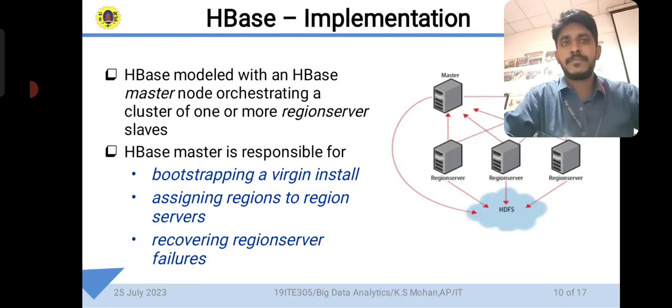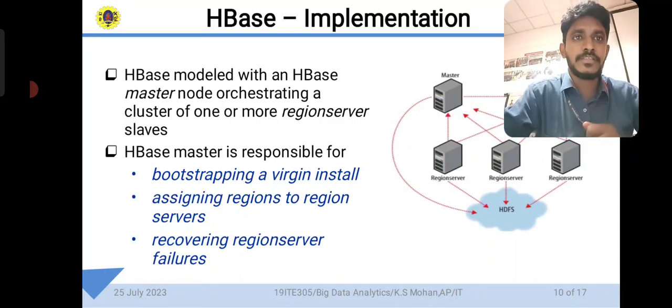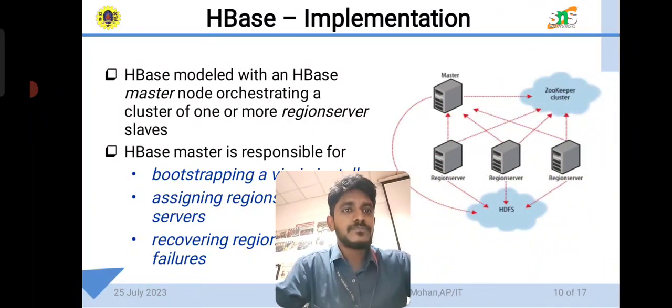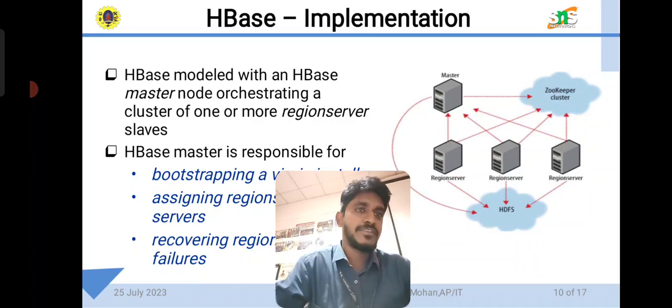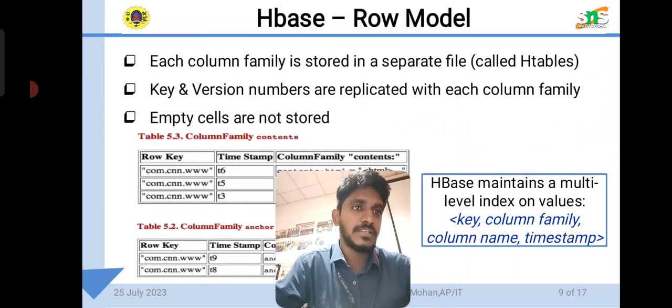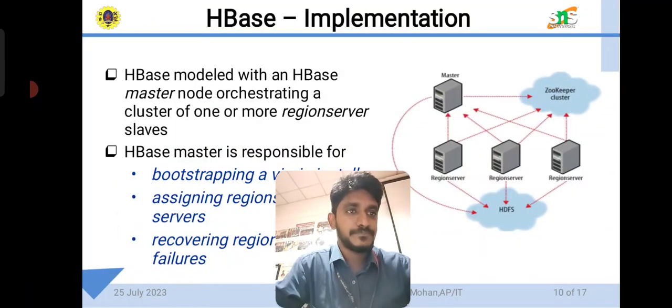Then the HBase implementation. Talking about the HBase implementation, it is a model with an HBase master node and a cluster of one or more regions. In the picture we can see how HDFS connects to region server 1, region server 2, region server 3, up to n region servers, and the master server will be connected with each region server, and also the ZooKeeper cluster is part of the implementation picture.